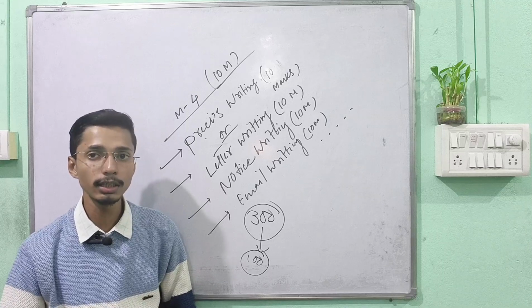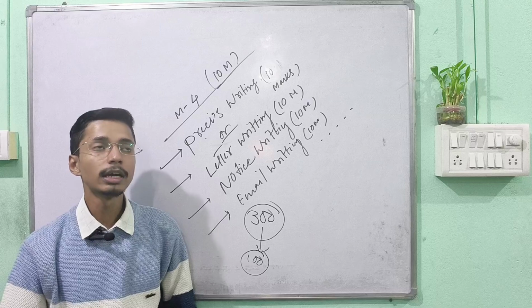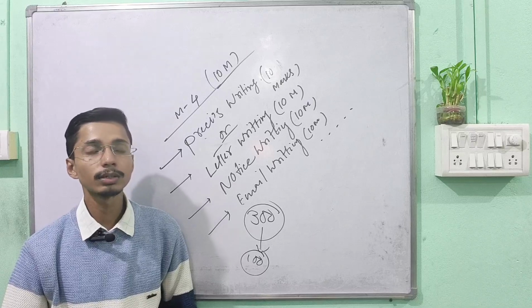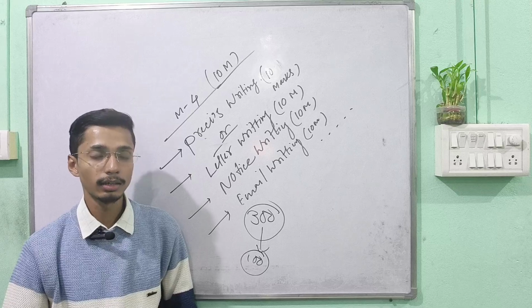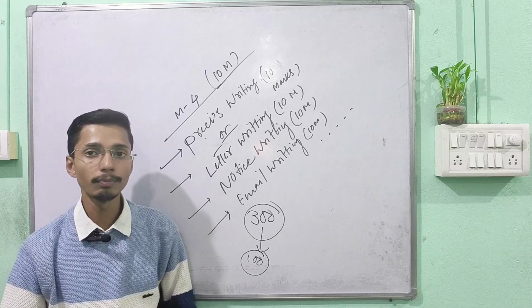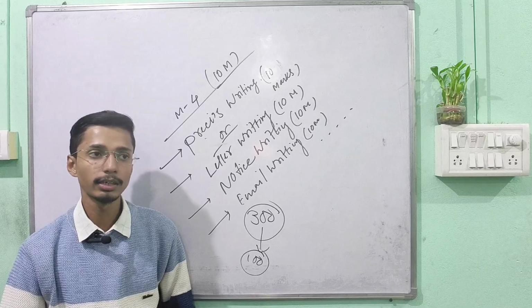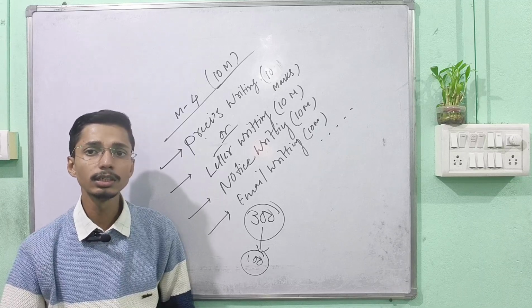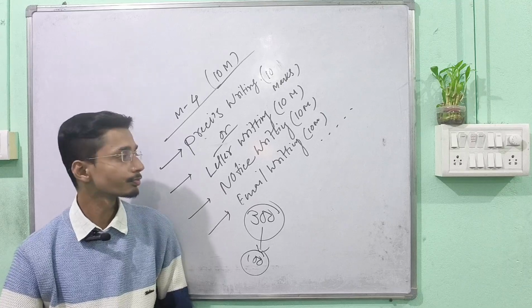You have to give a title, and you have to convert the given passage to one-third of the length in the question paper, free from grammatical errors, and write it clearly. Okay, means your handwriting should be clear. So this is about precis writing, and you can get samples in Google Classroom or our Telegram channel.